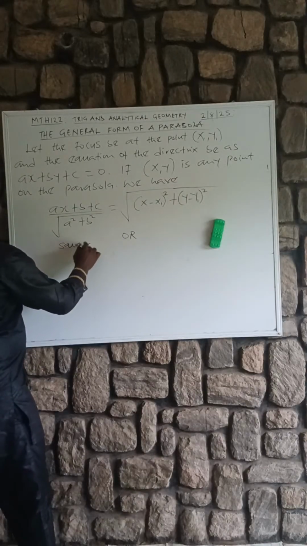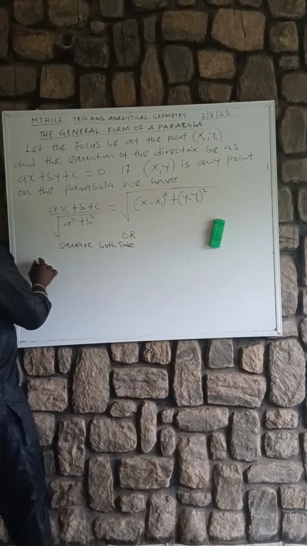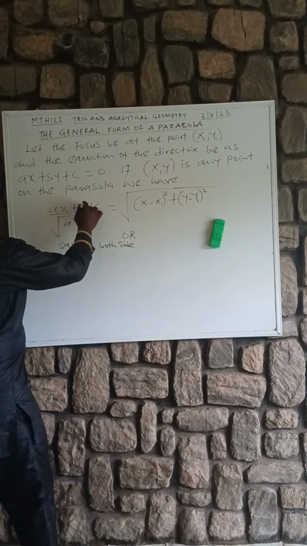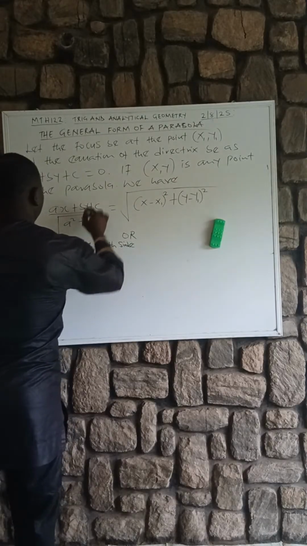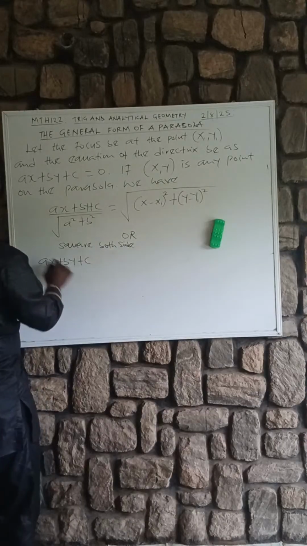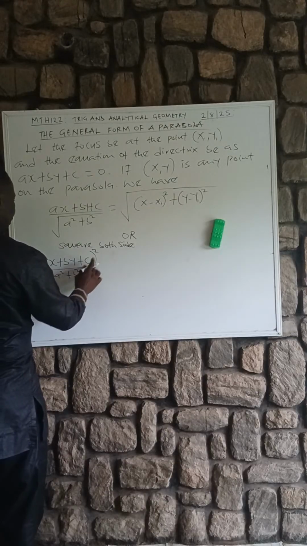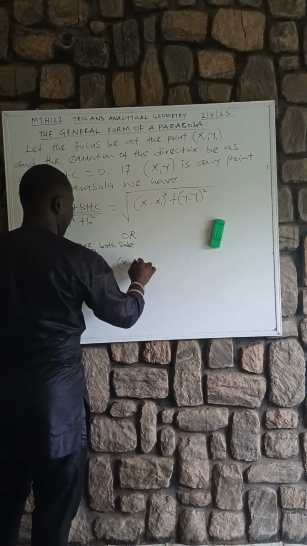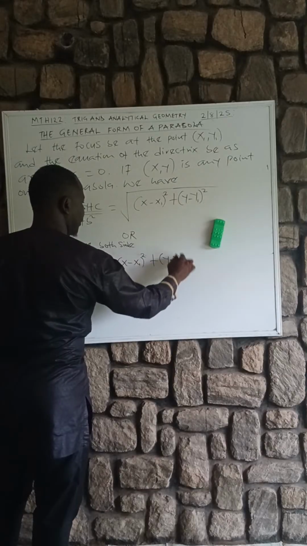If you square both sides, definitely you are going to have ax plus by plus c all in square, then all over a square plus b square, equals to x minus x1 all in square plus y minus y1 all in square.